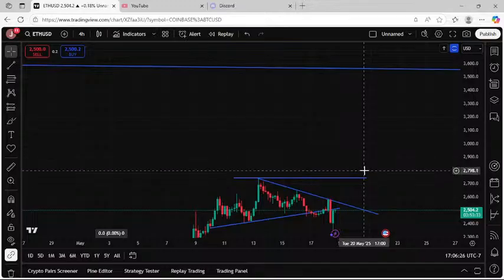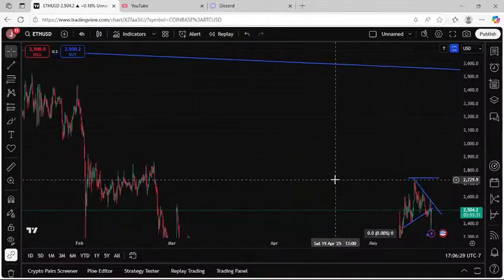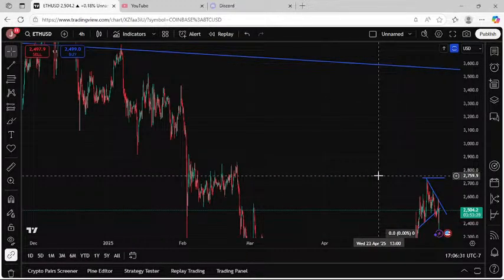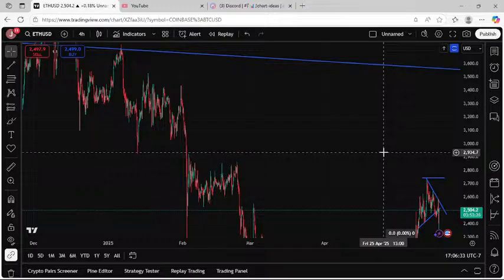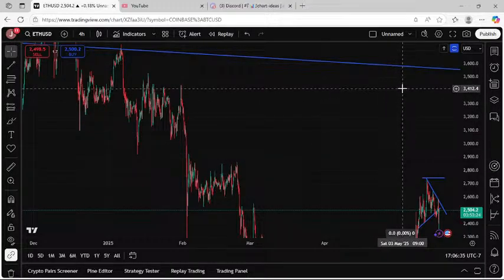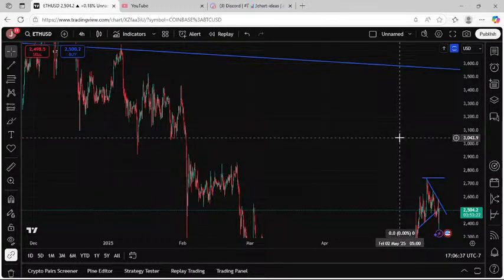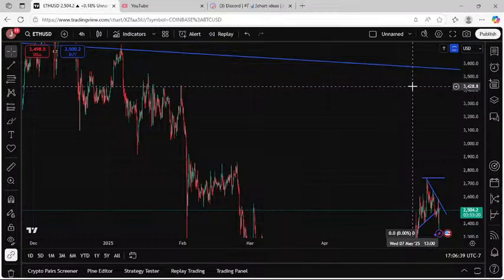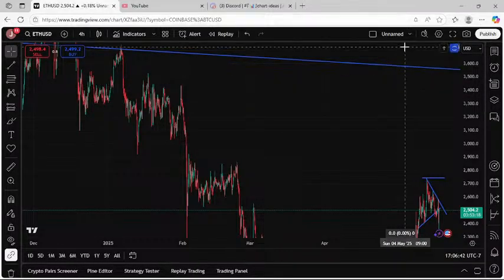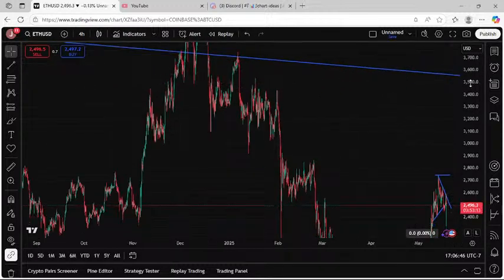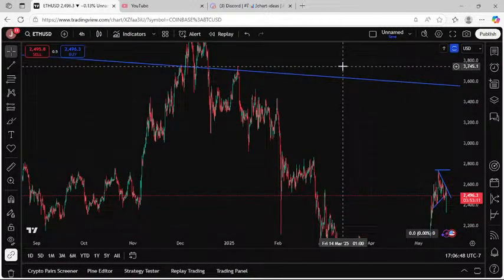Because if you take 27 here, you're going to take 29. If you take 29, you're going to take 3,000. If you take 3,000, you can hit 34. From 34, you're going to aim for here, so that 37.